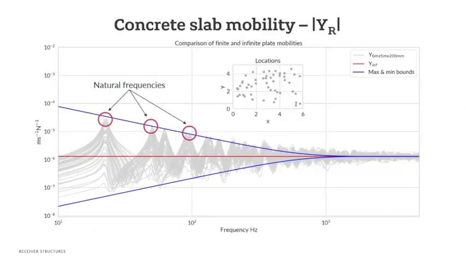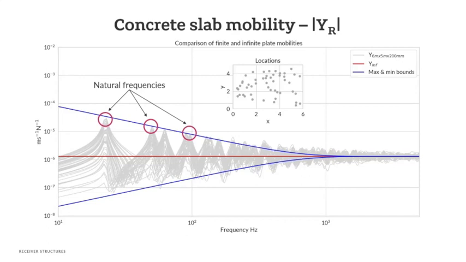These are the results of the absolute slab mobility that you get. In gray are the mobilities at different points on the concrete slab, and the red curve that passes through the middle is the characteristic mobility of the infinite plate of the same thickness. And in blue are the maximum and minimum bounds of the mobility.